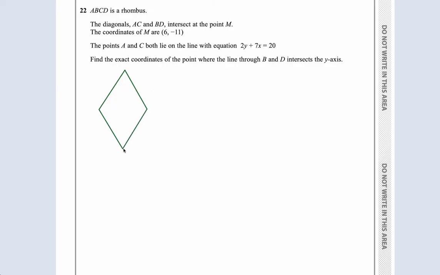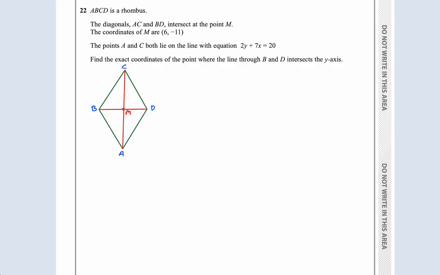It's a four-sided shape with sides the same length. You can think of it as a diamond. The diagonals AC and BD intersect at point M. Note that's a right angle. So this is M.